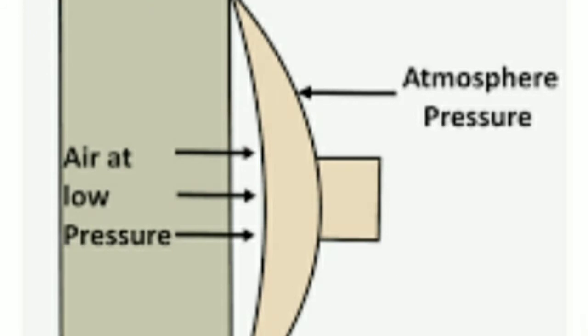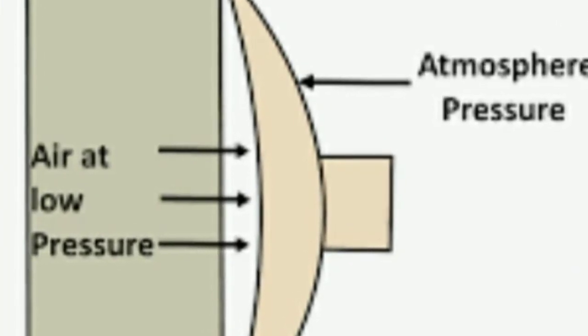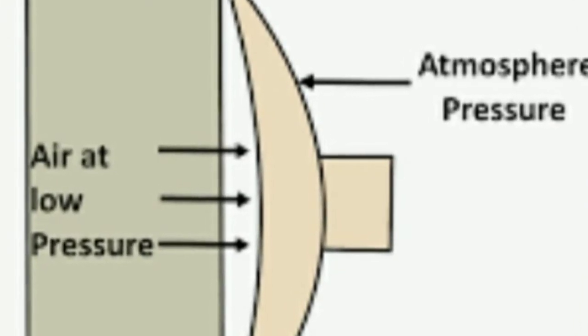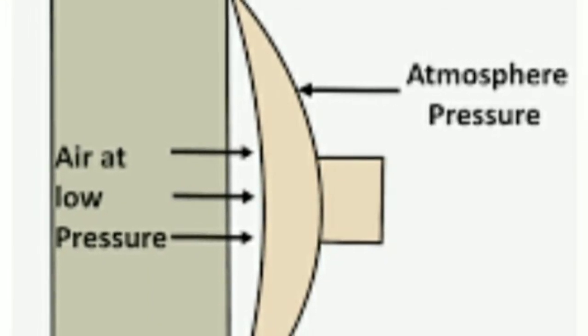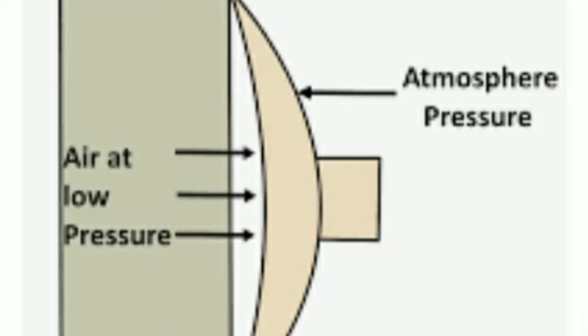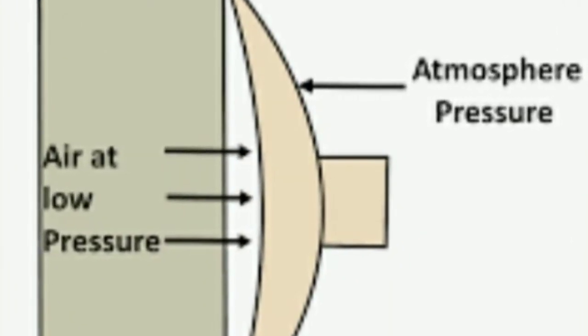The reason is that when we press it, the air inside the two surfaces comes out and less air is present inside, which exerts less air pressure. But the atmosphere exerts the same pressure, which is more than the inner pressure, hence it is able to stick the rubber sucker on the smooth surface.